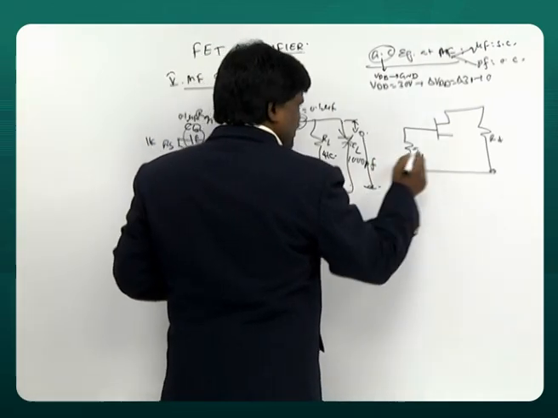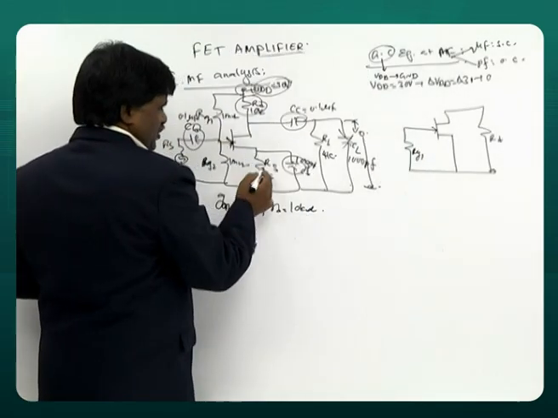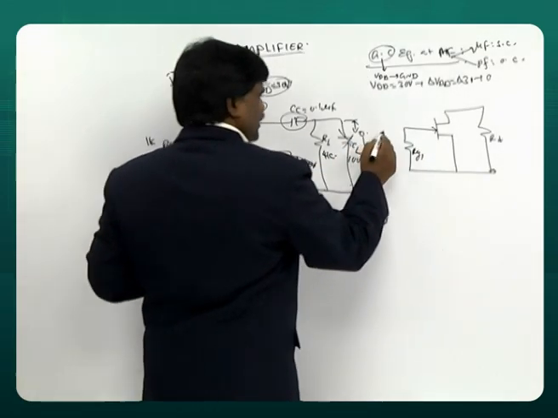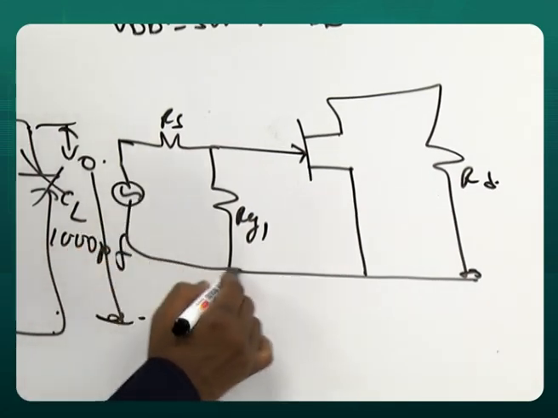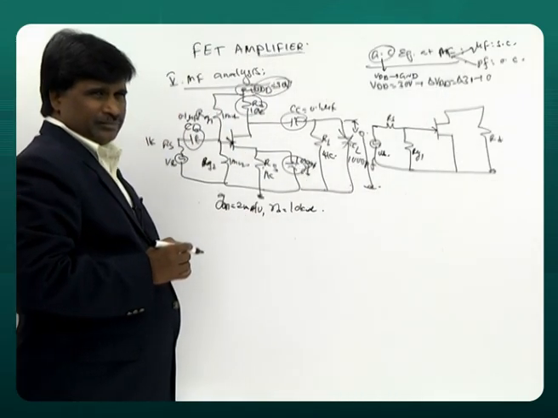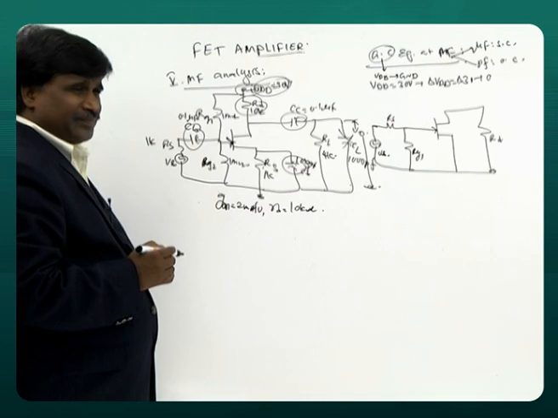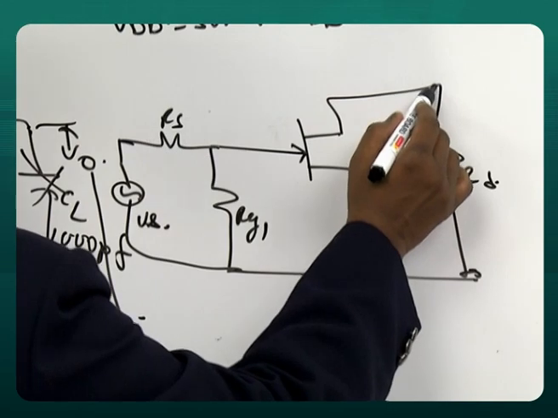And this is short circuit, because this is shorted, this is shorted. And you have RS here, VS here. Understand? Then this RL is there as it is.